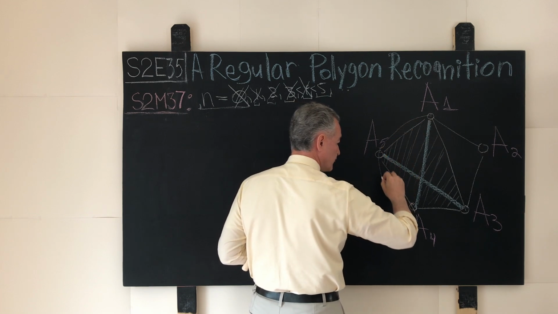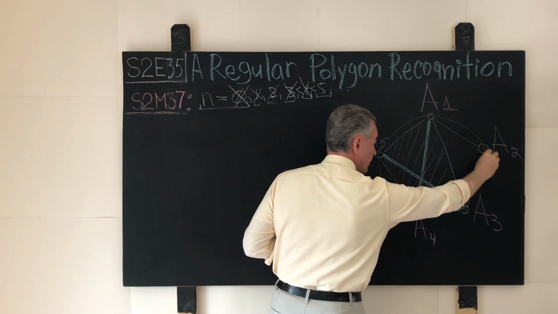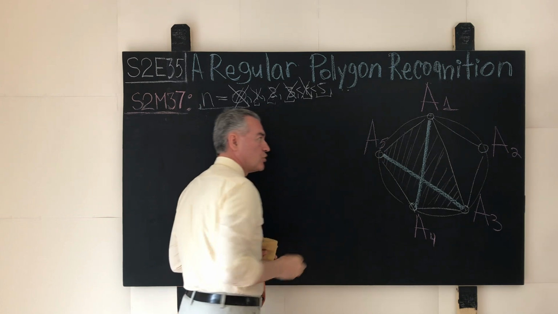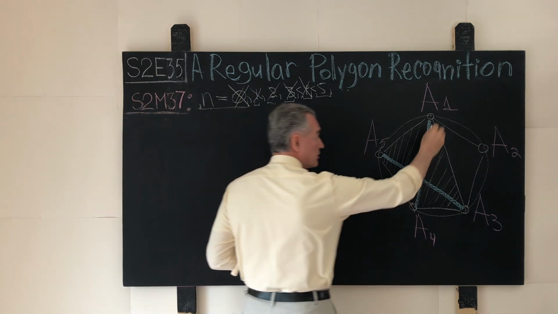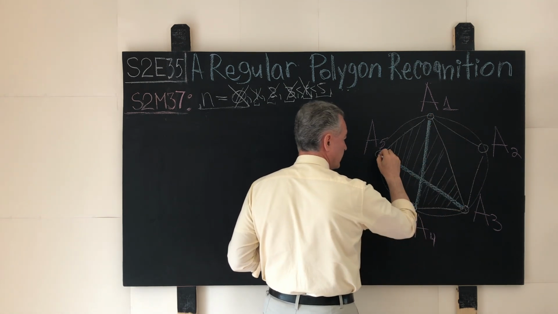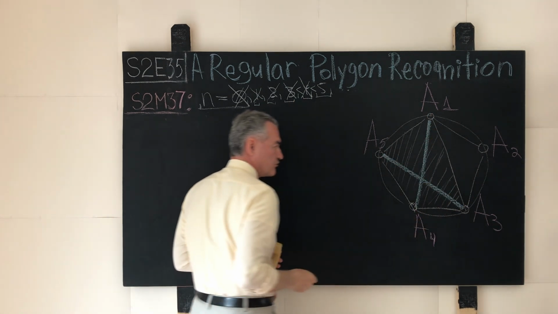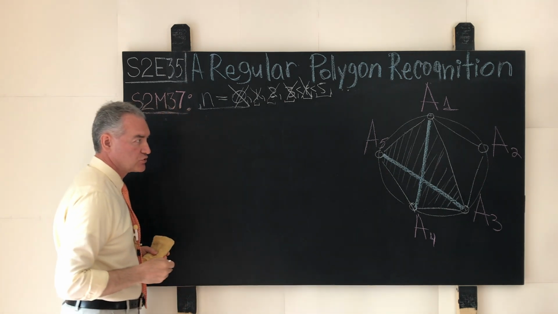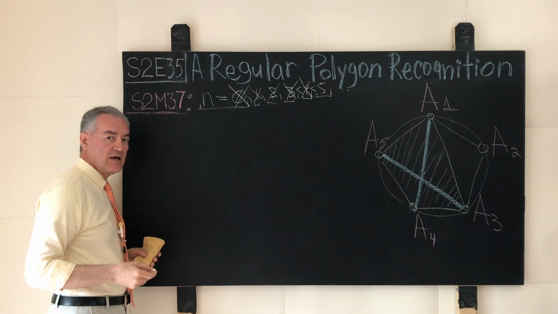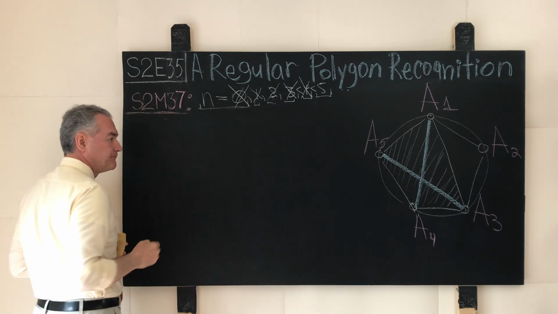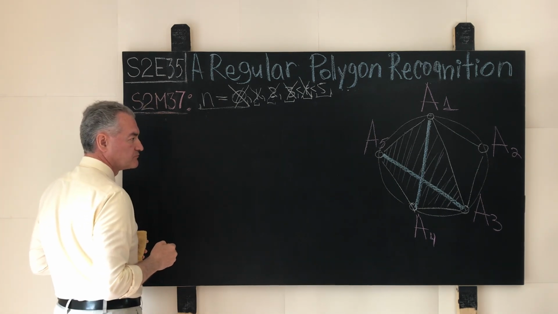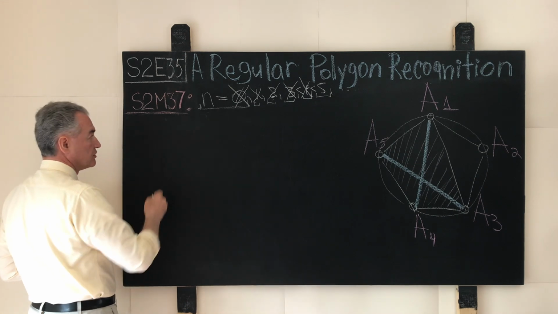We know that all these vertices sit on the parent circumcircle in this case, and our quadrilateral A1, A3, A4, A5 is cyclic. All the vertices of this quadrilateral belong to one and the same circle, and we simply write down the Ptolemy's equality or the Ptolemy's theorem for that cyclic quadrilateral.